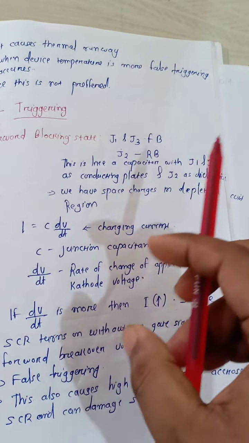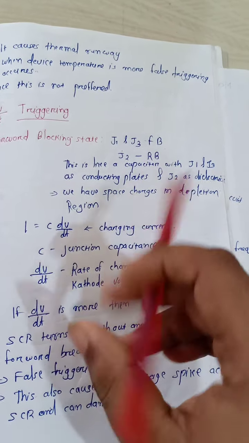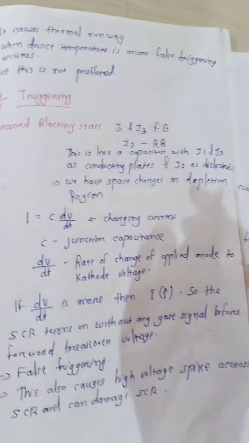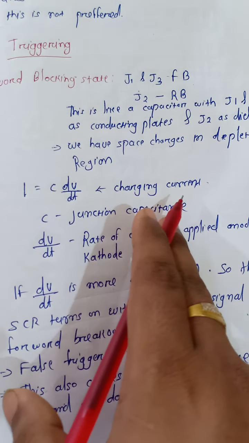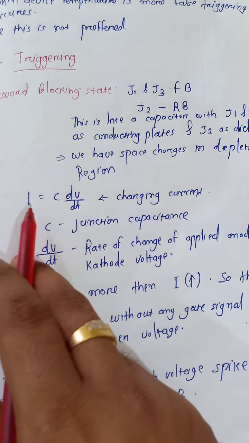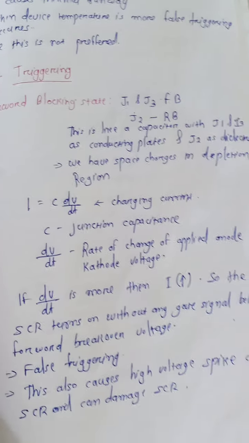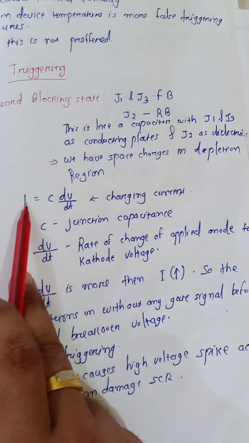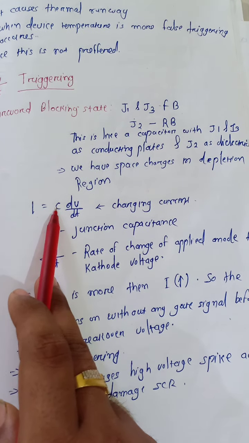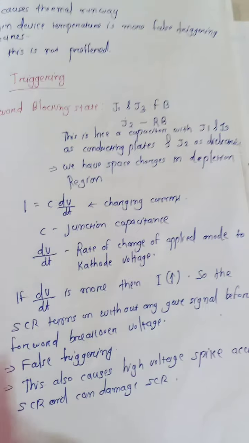So this is looking like a capacitor. So what is the equation of charging current? The equation of charging current of a capacitor is I equal to C dV by dt. This I is also called the anode current in this analysis, and C is the capacitance of the junction.